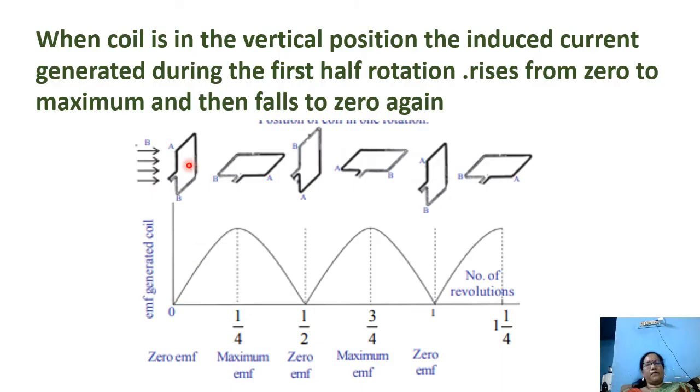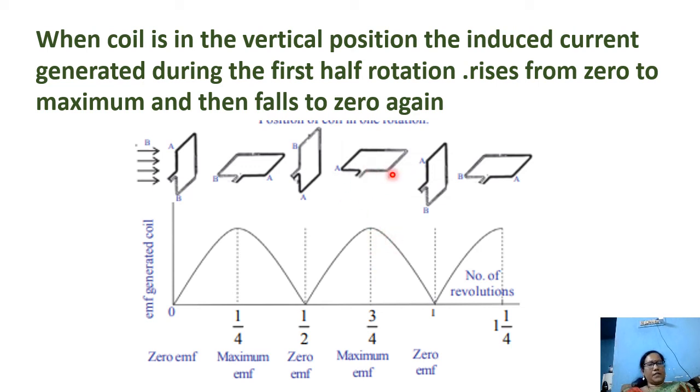See here, children, when the coil is in vertical position, the induced current generated during the first half rotation rises from 0 to maximum and then falls to 0 again. See here, children. As the coil moves further from this position, the ends of the coil go to the other slip ring.